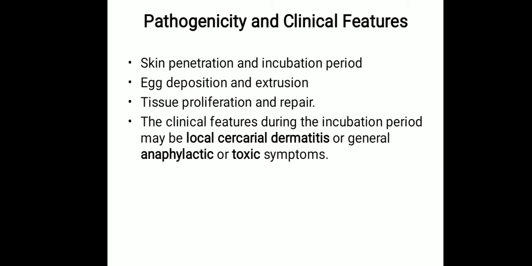You will see ectopic lesions in the spinal cord produce a transverse myelitis-like syndrome. Okay, then schistosomiasis favors urinary carriage of typhoid bacilli. So that's all about the pathogenesis and clinical features of Schistosoma haematobium.